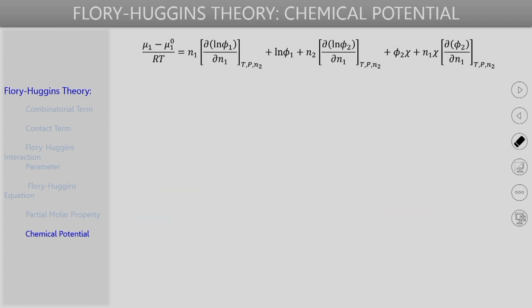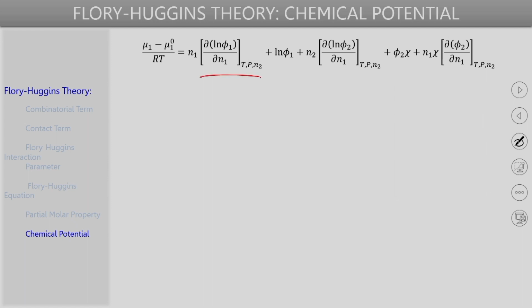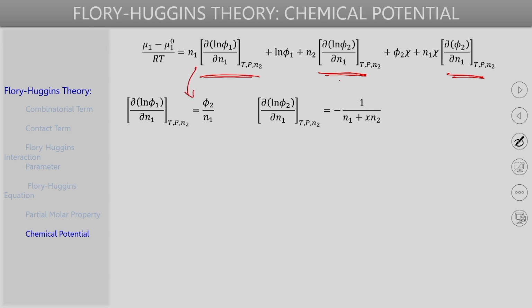Next, if we consider again the complete expression, we have three partial derivative terms in it, this as well as this one, and we have already come up with simplified expressions for all of these. The corresponding simplified expression for this one is here, for this term we have this expression, and for the last partial derivative we have this expression here.